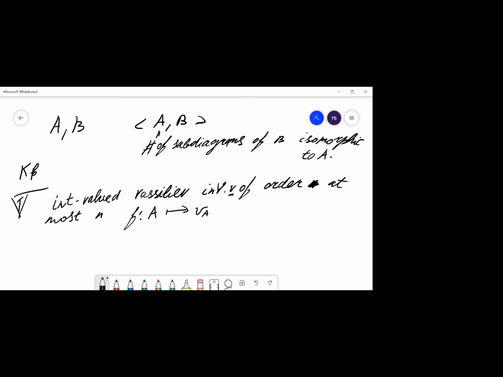And the Vassiliev invariant is the sum over all possible subdiagrams A of B. And also vice versa, every invariant that has an expression of this type is a Vassiliev invariant of order at most n.